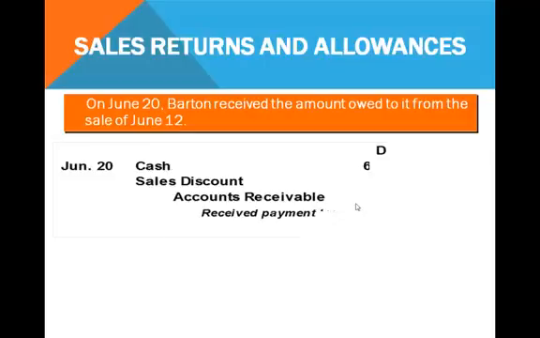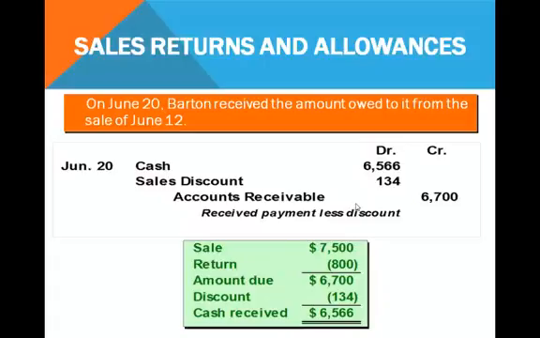A debit to sales discount for that $134, the amount of the 2% discount, and a credit to accounts receivable for the total amount due of $6,700. So they paid us within the discount period. They got the discount. The discount was $134, so they sent us $6,700 minus $134, and that was payment in full on their accounts receivable.